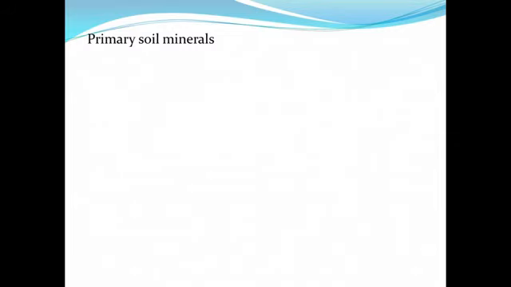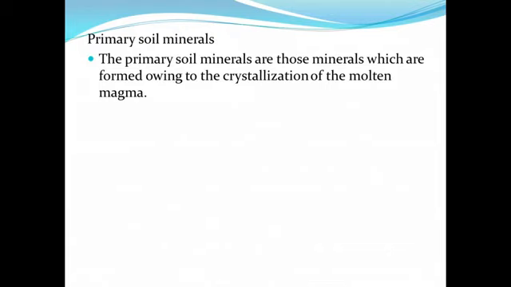So let's take a look at primary soil minerals. The primary soil minerals are those minerals that are formed owing to crystallization of the molten magma. So these soil minerals are formed when magma solidifies.